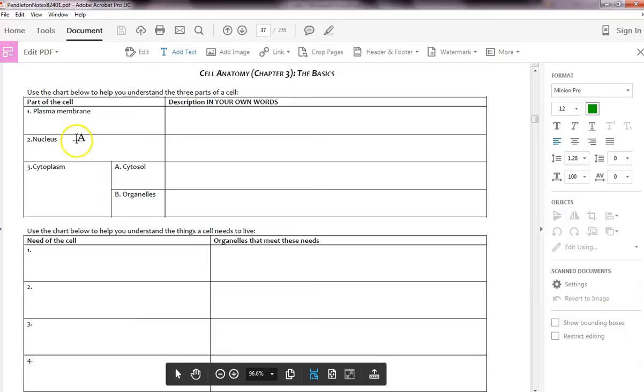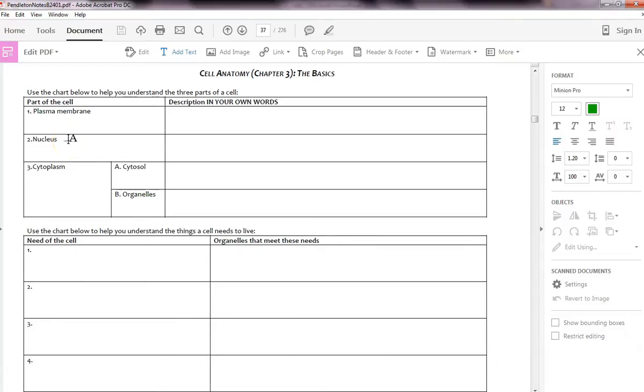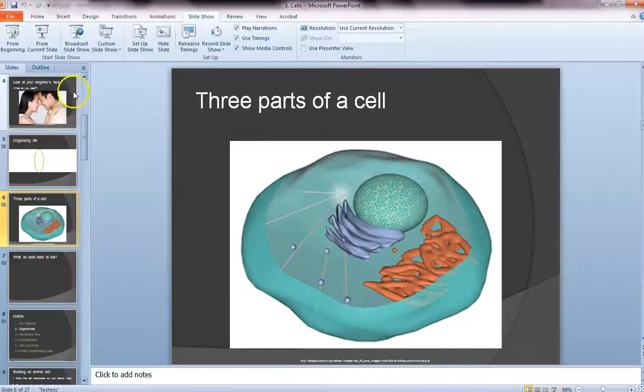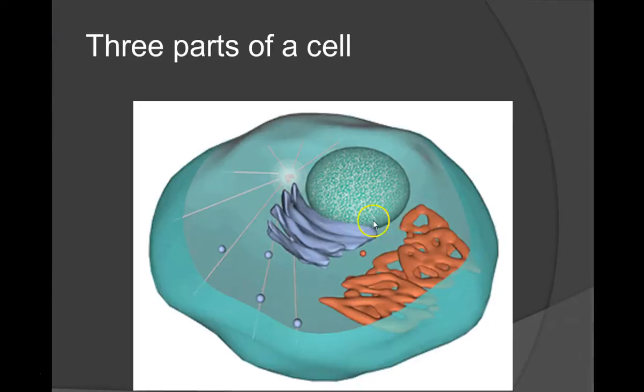We then have the nucleus. And so remember, we ran into the word nucleus before with an atom, and it was the center of the atom, the thing inside. And so if you look at a cell, well, here's that thing in the center of the cell. Now, in reality, sometimes the nucleus may be squished off to the side, but it got its name based on being a circle inside of a cell.